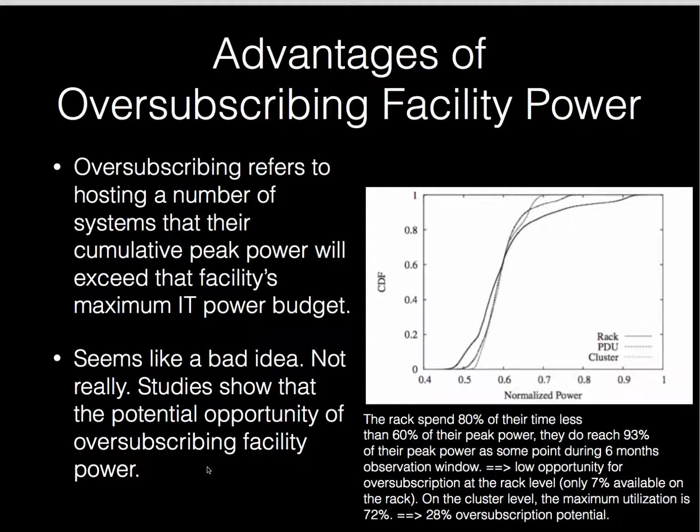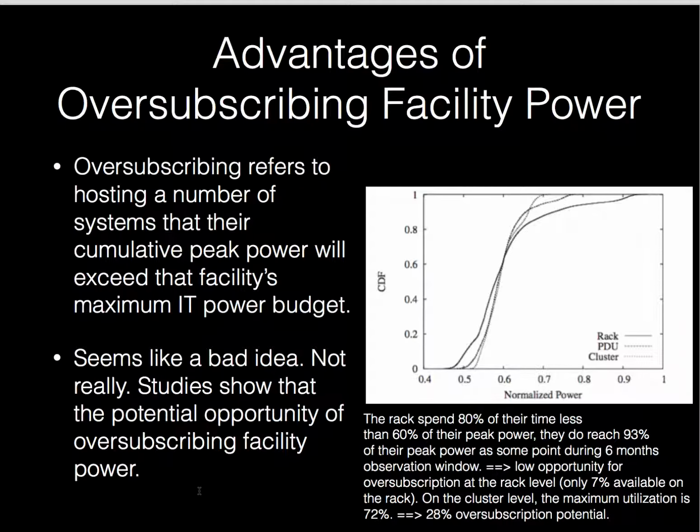So what we see here seems like a bad idea, but not really. The study showed the potential opportunity of oversubscribing. And please, if that doesn't make sense, feel free to ask me a question, and we can talk about more details about the numbers.